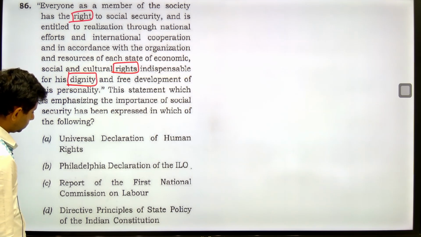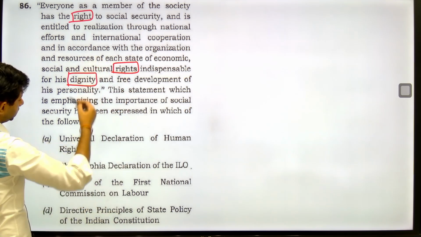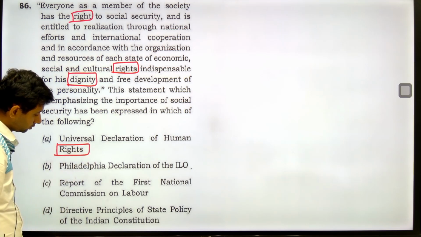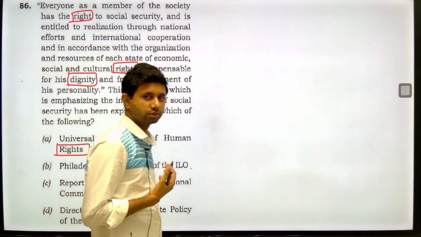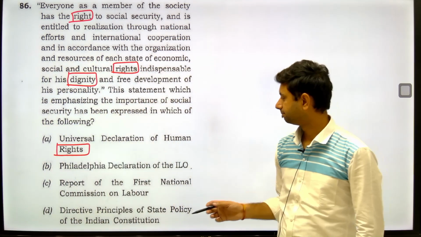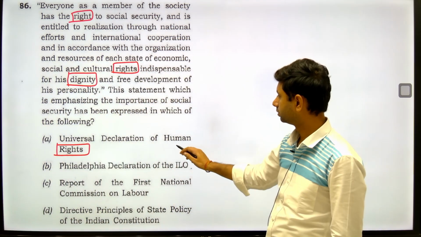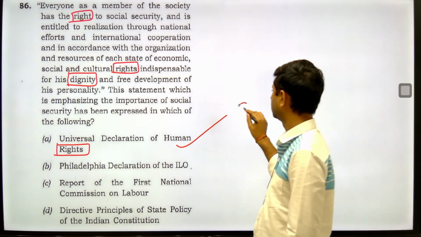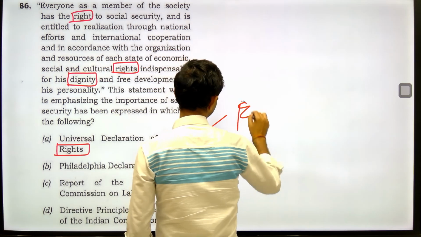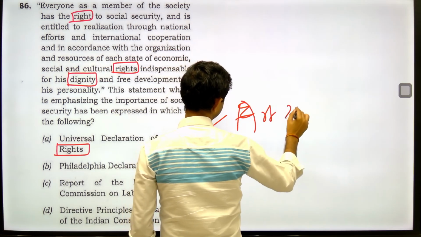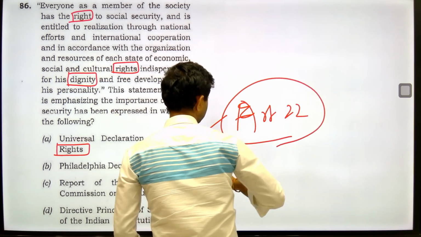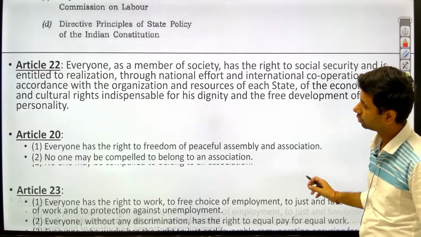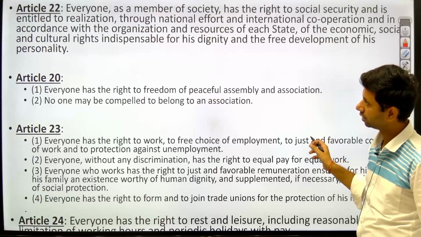Okay. So dignity, rights, these things we can primarily say are associated with human rights. So the answer is the Universal Declaration of Human Rights, and this is mentioned under Article 22 of the Universal Declaration of Human Rights. There are other things also mentioned, so you can have a look at it.